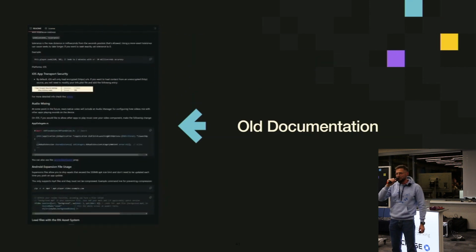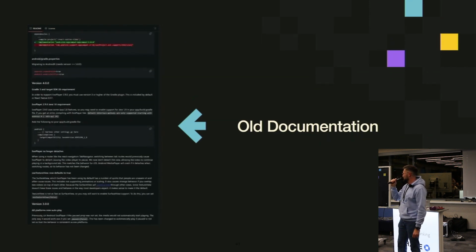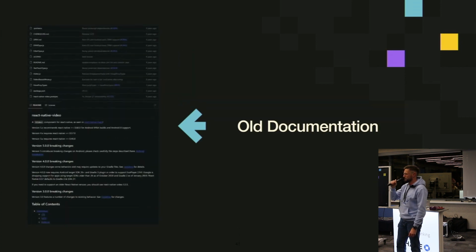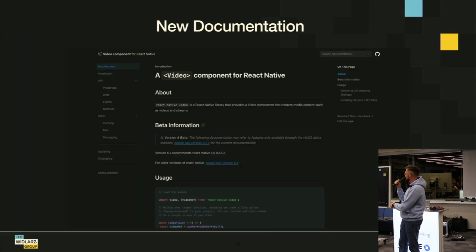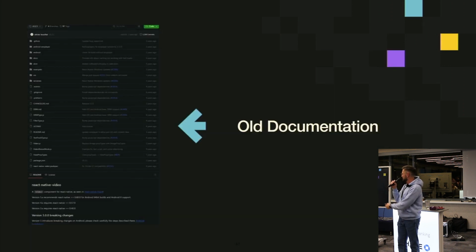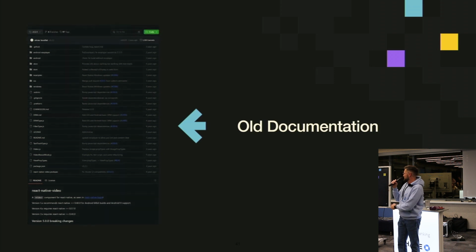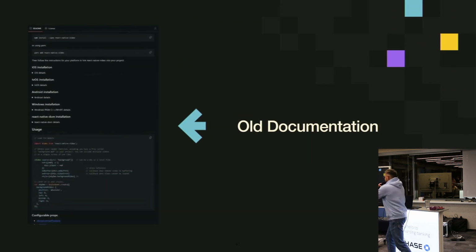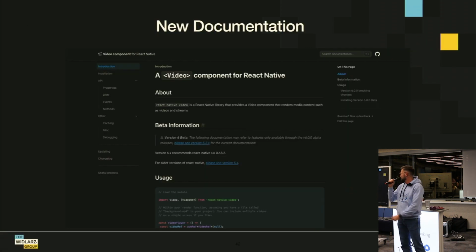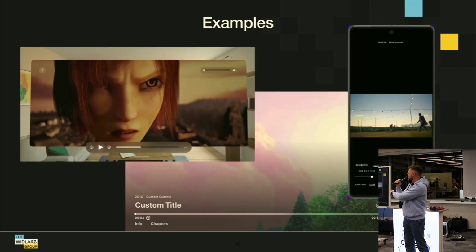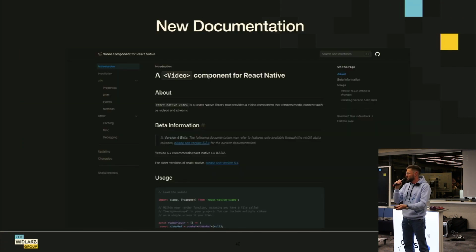So this is the documentation. This is how it looked before we moved it into something like this. This one is searchable, easy to see things, and you don't get a panic attack from it. Sorry. So we moved it. It was really easy. I'm not bragging that we did super hard work.